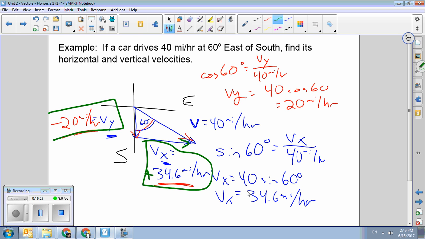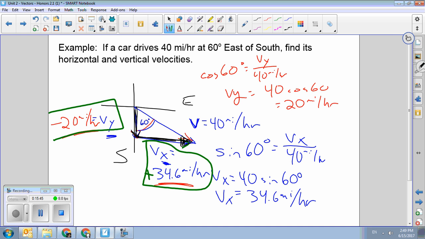Let me pause here. A couple things. First of all, these two vectors, Vx and Vy, are called components. They will always be drawn head to tail. In other words, the head of one vector touches the tail end of the other vector.